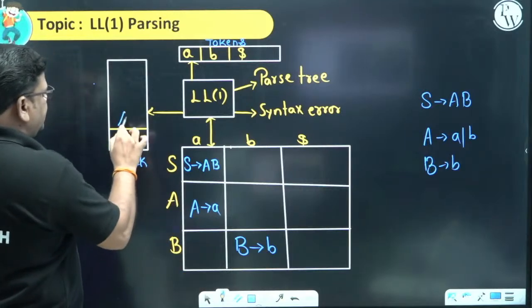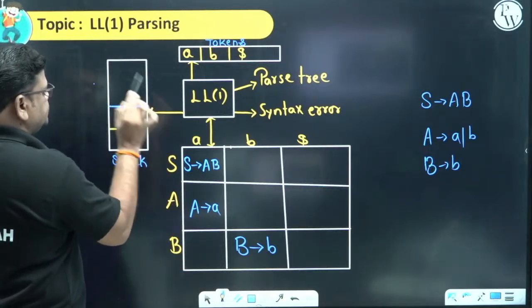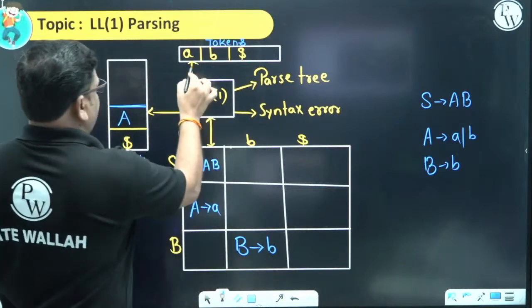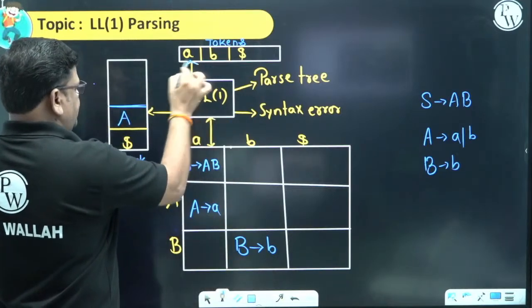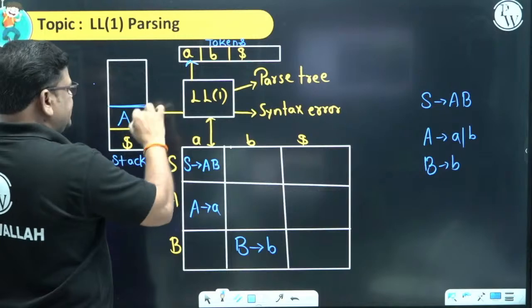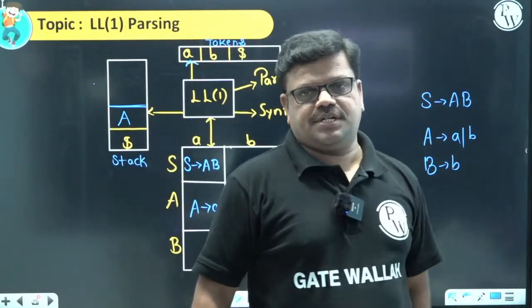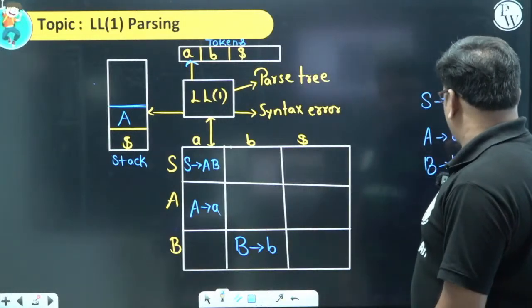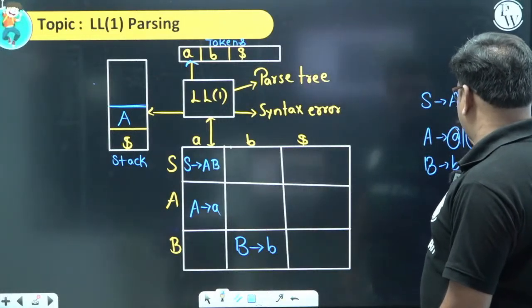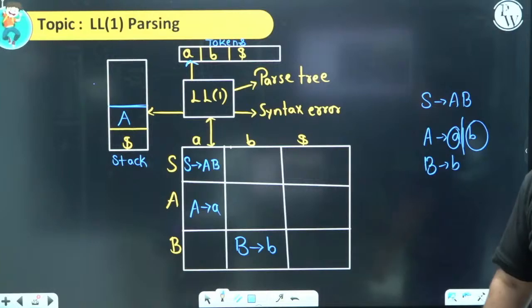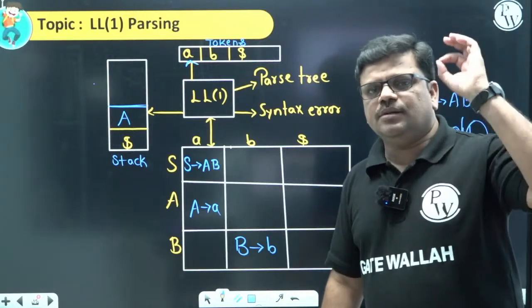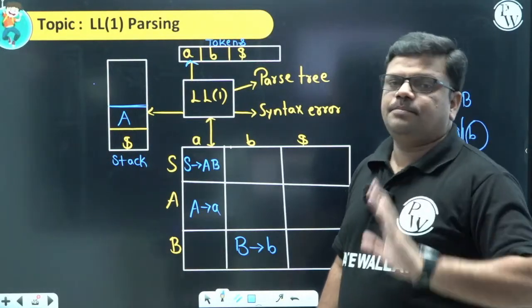Assume we have a non-terminal on the stack, and the input is A. Now on this A, if a non-terminal has multiple productions, which production should be used? This is the most critical and most difficult concept in top-down parsers.